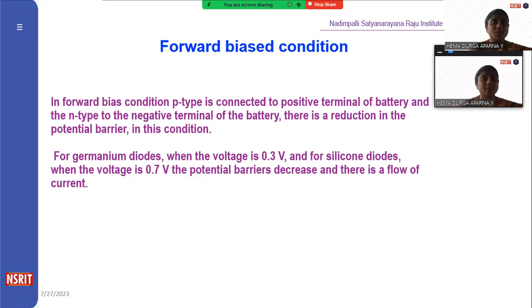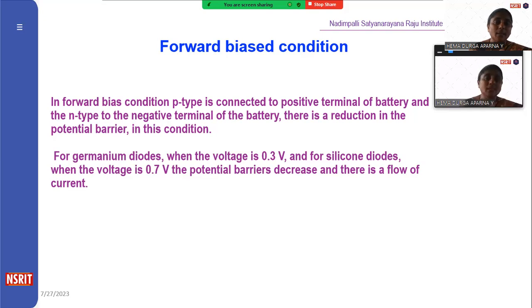It means that after crossing 0.3 volts only, germanium diodes start conducting, and after crossing 0.7 volts only, silicon diodes start to conduct, allowing current to pass through. What happens when a diode is forward biased?